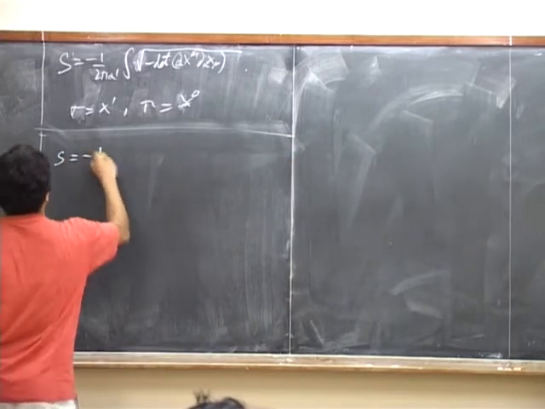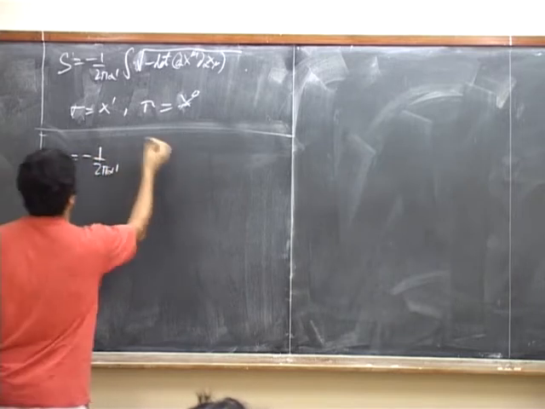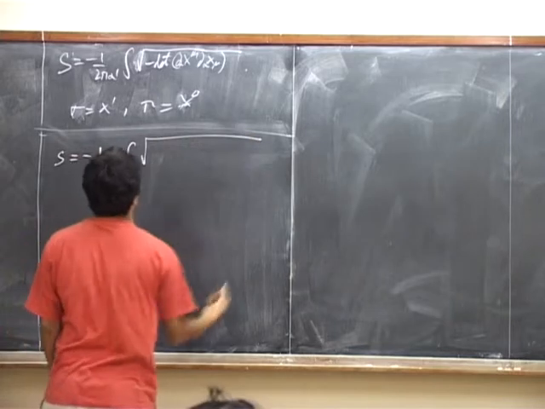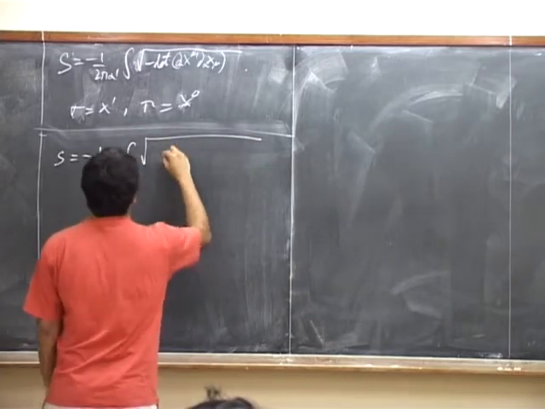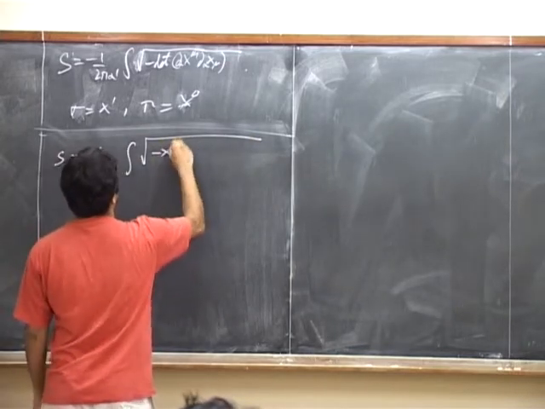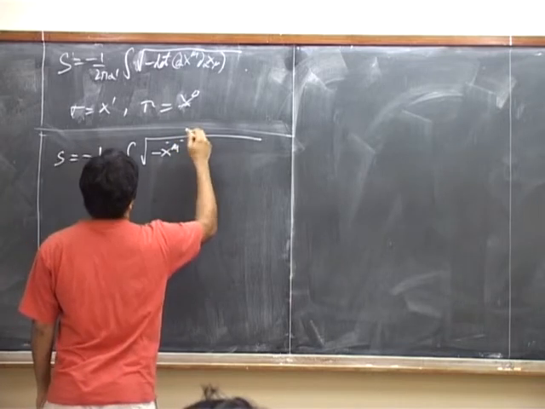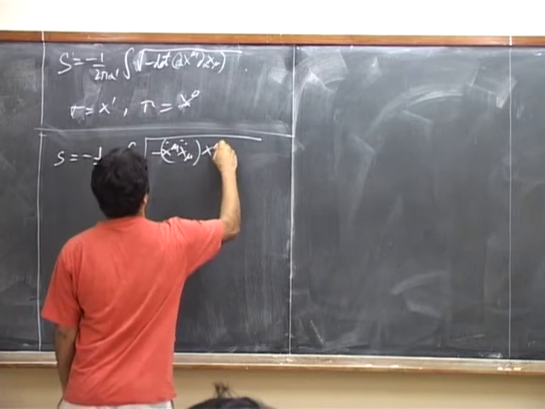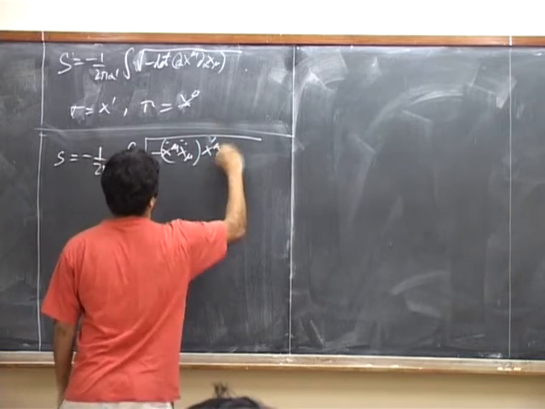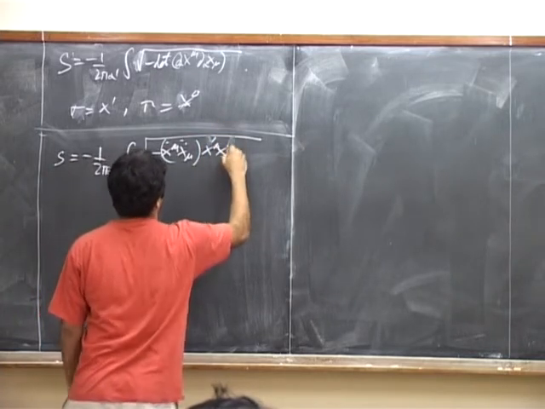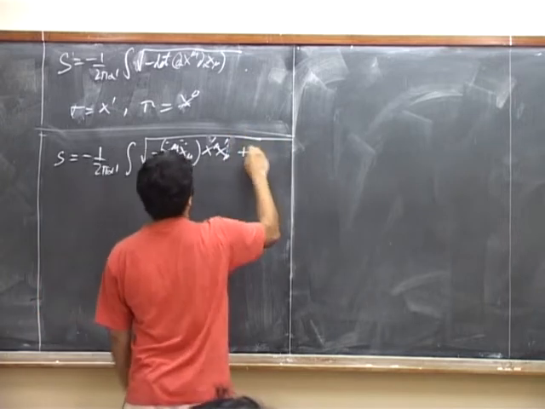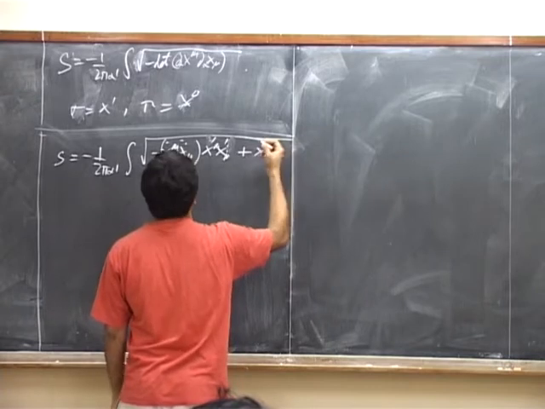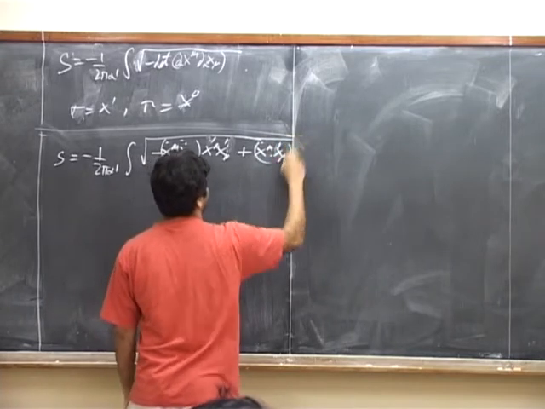So this S is equal to minus 1 by 2 pi alpha prime, and then there's the integral, and then this fancy determinant, as we saw last time, could be written as minus x mu dot x mu dot times x mu prime x mu prime, plus x mu dot times x mu prime squared.